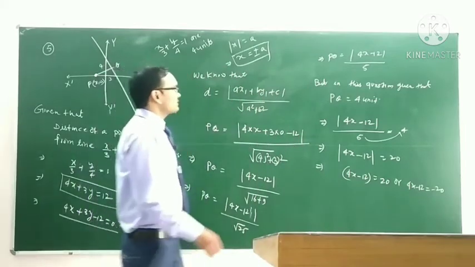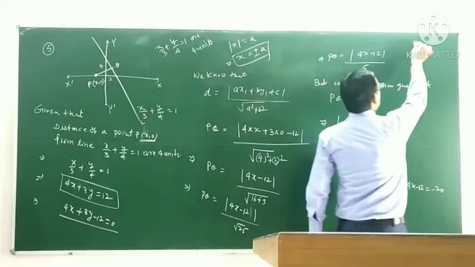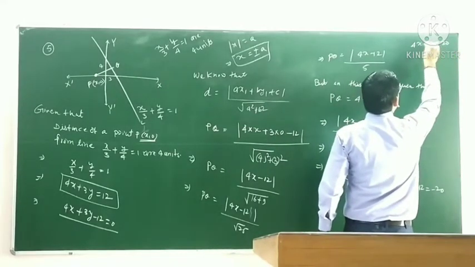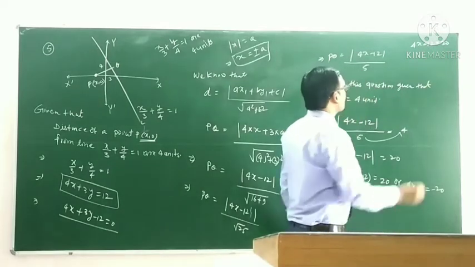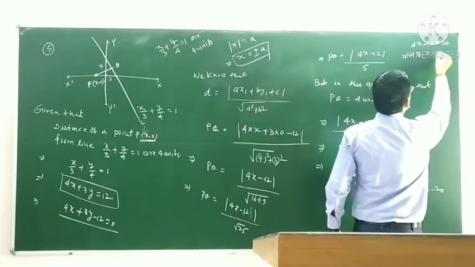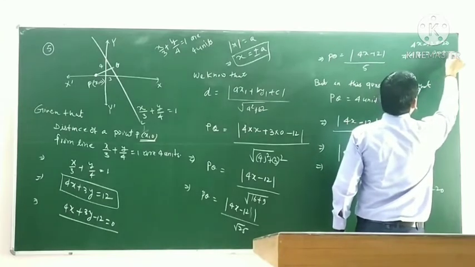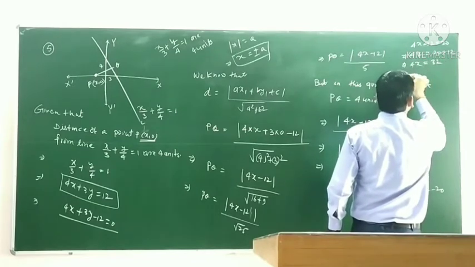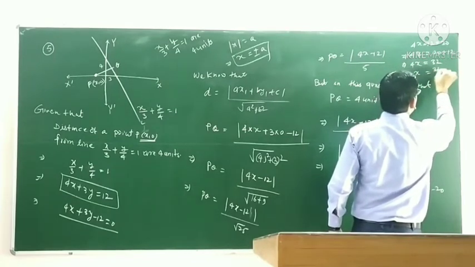Okay, students, 4x minus 12 is equal to 20. This implies that 4x is equal to 20 plus 12. This implies that 4x equal to 32. This implies that x equal to 32 by 4.